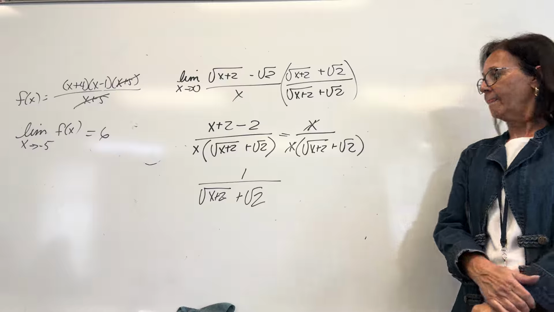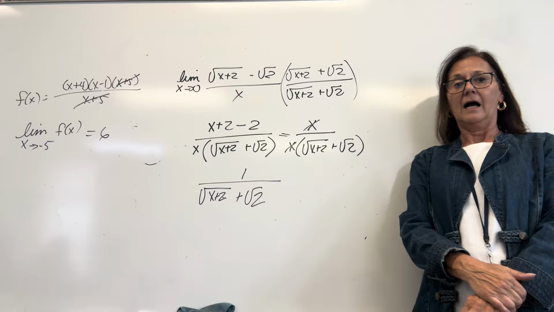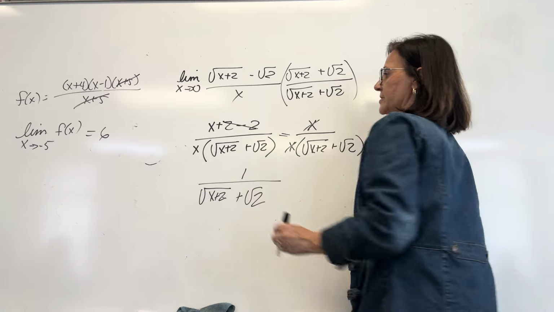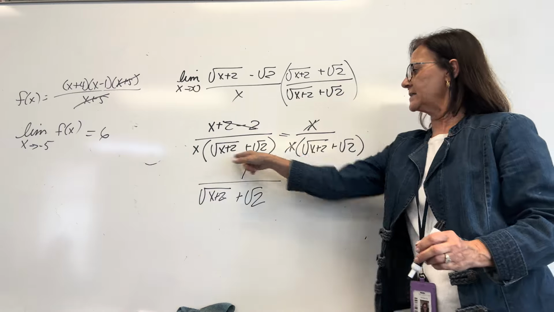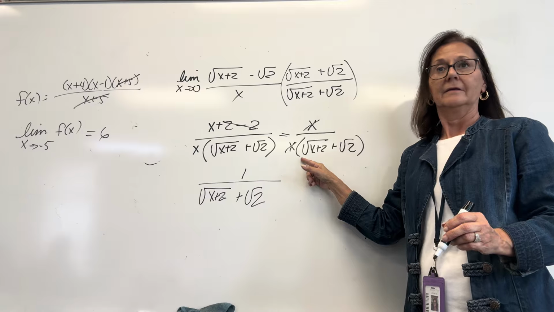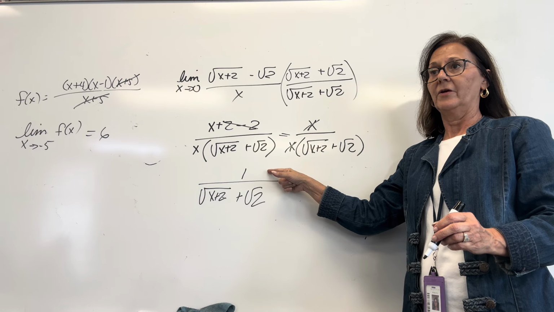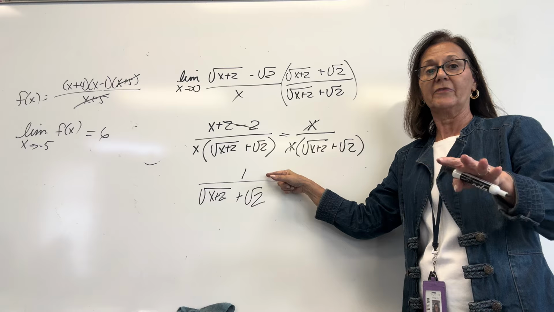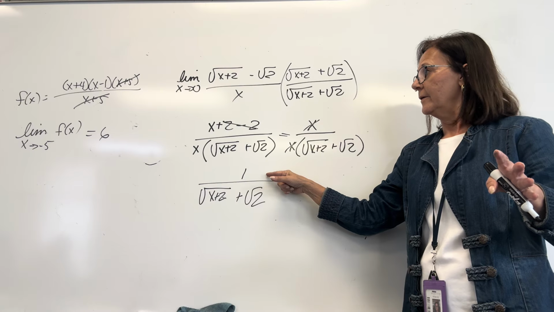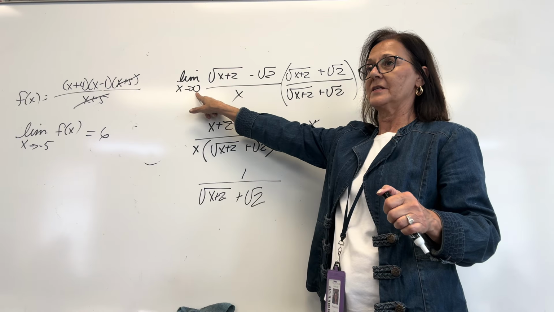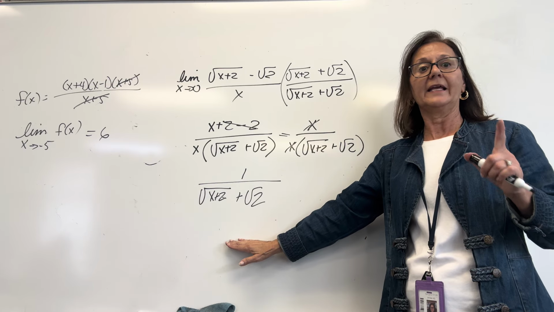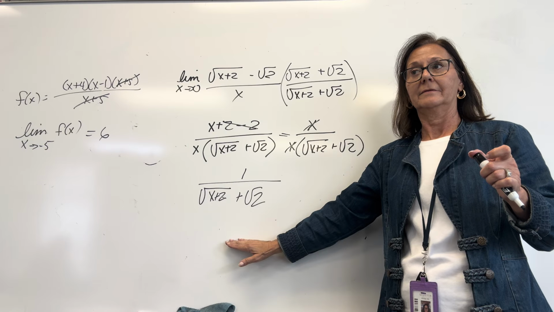How do you cancel x? x and x. Well, I got rid of the 2. And it's x over x times that. You leave a 1 in the numerator. This is simplification. Simplify terms that are multiplied. Okay, now, can I substitute 0 in? Yes, because it is no longer undefined and I can get the limit.